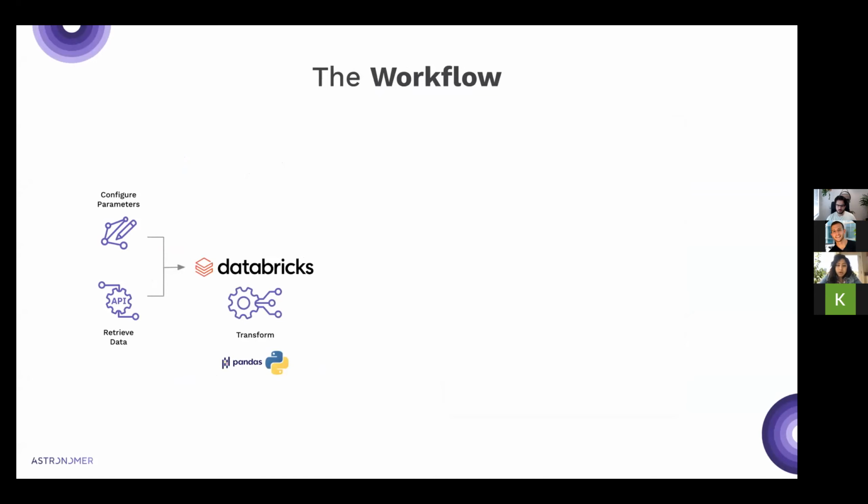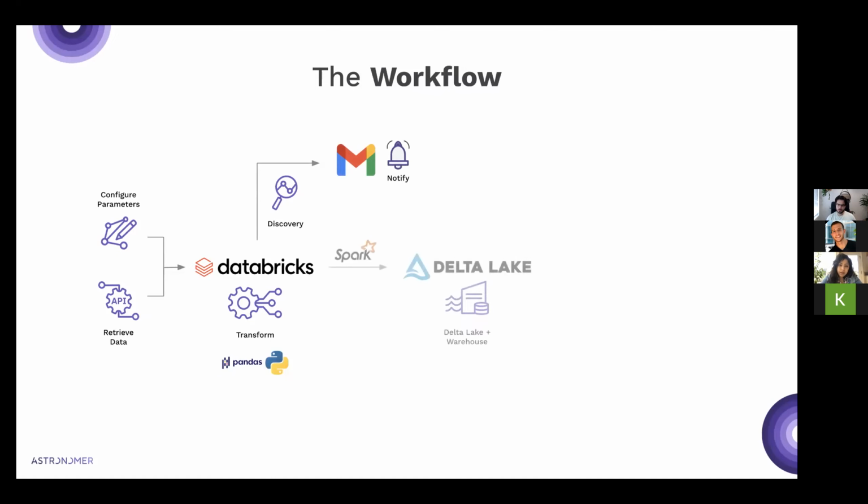Within Databricks, we're then going to transform the data, run the analysis, and we're going to do that primarily using Python. If we discover something of note in the data, we will then send notifications to our clients based on that discovery. And regardless, we're going to write our results, transformed data, into the Delta Lake leveraging Spark.